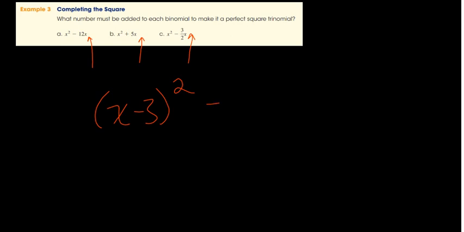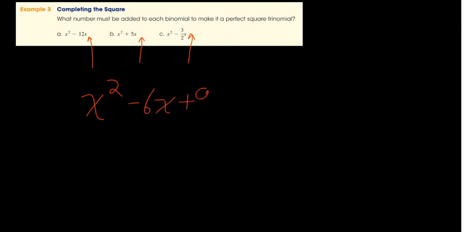So for instance, let's do it this way. We'd say x squared minus 6x plus 9. The x squared minus 6x plus 9 is a perfect square trinomial, because I can factor this into x minus 3 quantity squared.